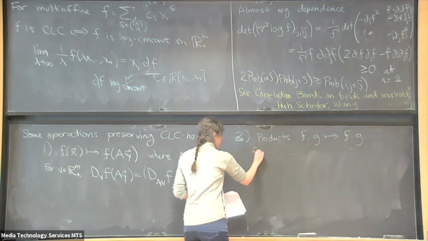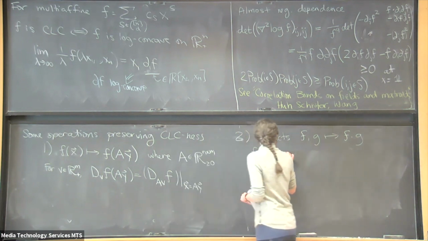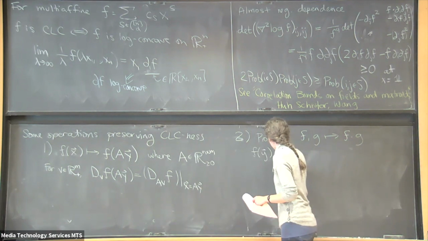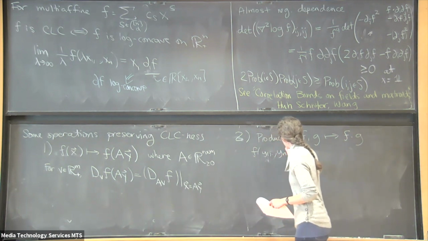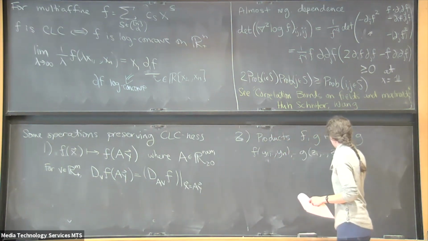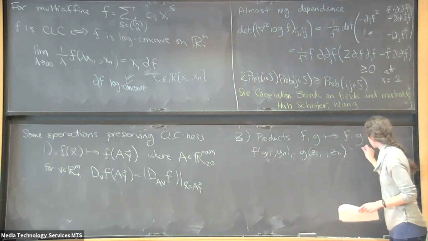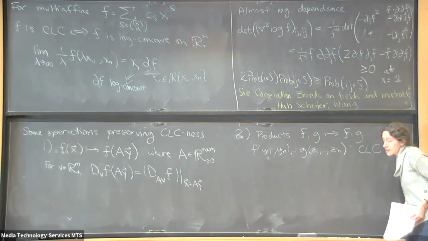Again, if you have polynomials in separate collections of variables, let's say f of y1 through yn and g of z1 through zn, that are completely log-concave, I want to show that their product is also.